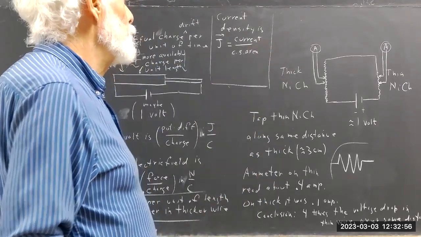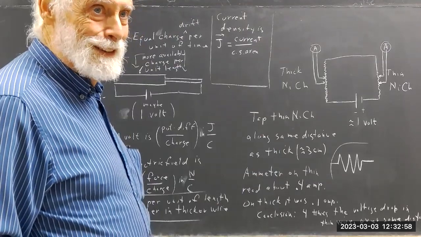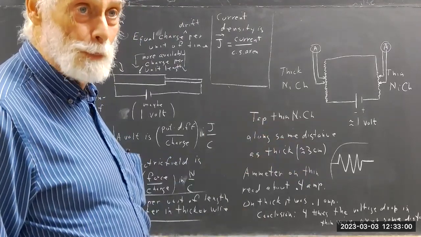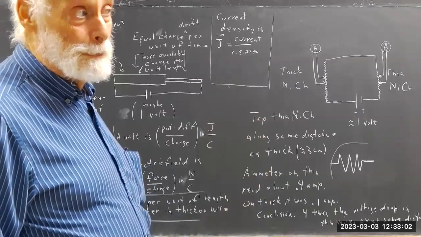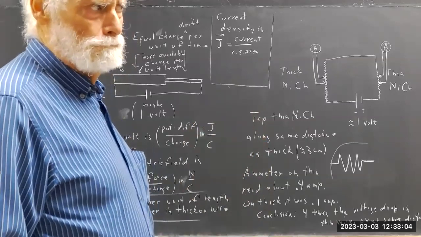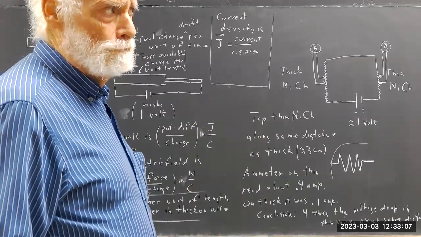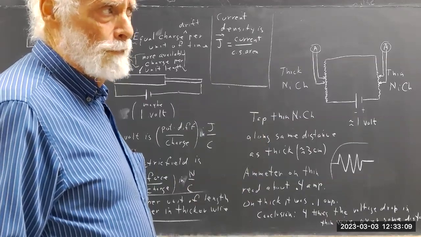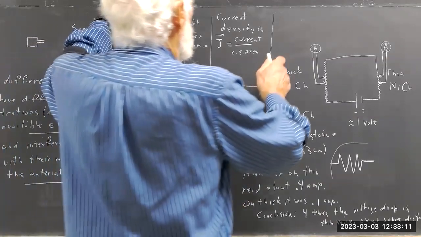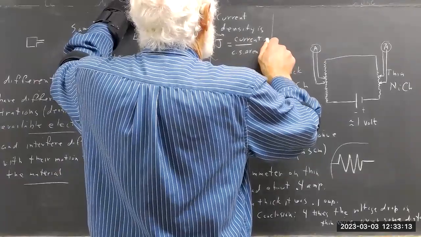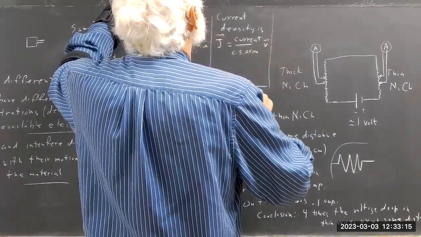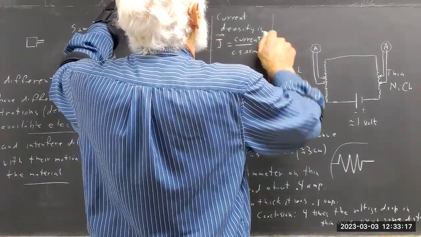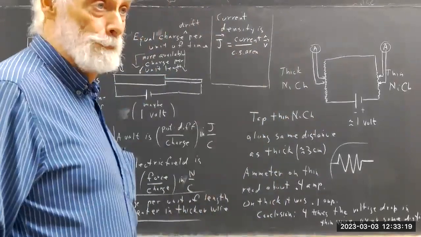I don't want to use I, although I is associated with current. And I don't remember what letter the textbook uses. So I'm just going to use V. And I'll do a V hat, to indicate it's a unit vector.